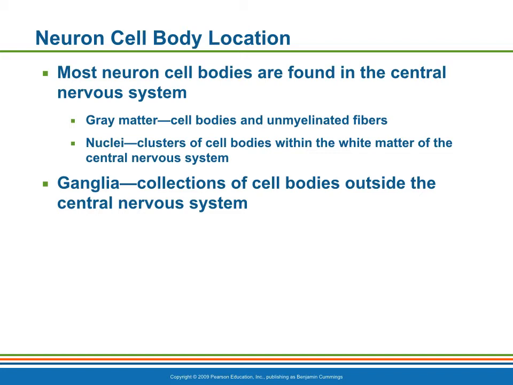Small collections of cell bodies called ganglia are found in a few sites outside the CNS, in the PNS. Bundles of nerve fibers running through the CNS are called tracts, whereas in the PNS they are called nerves. The term white matter refers to a dense collection of myelinated fibers, and gray matter is a collection of mostly unmyelinated fibers and cell bodies.